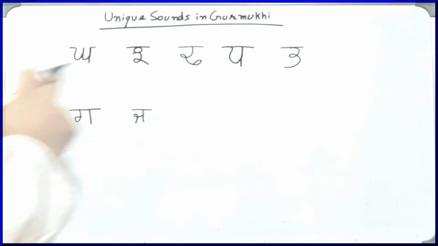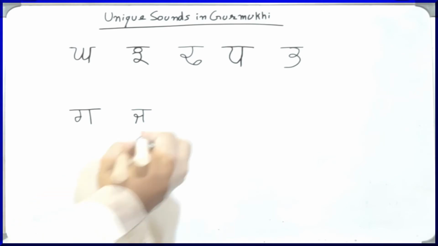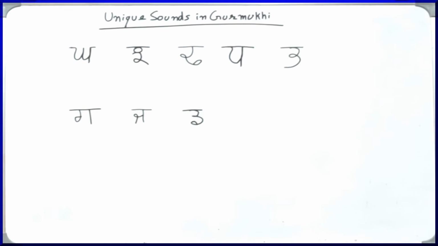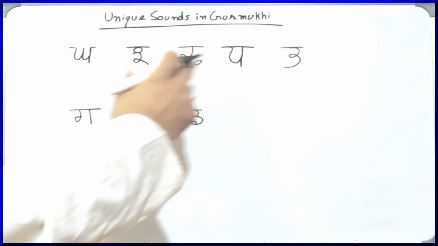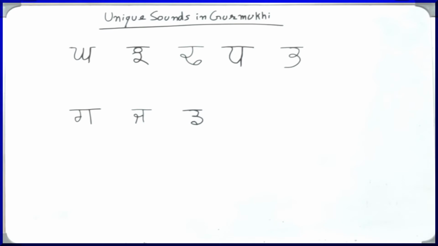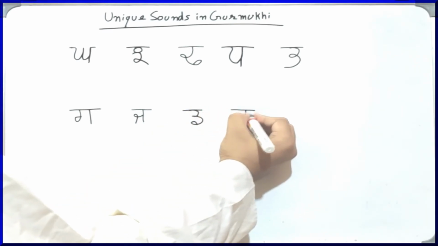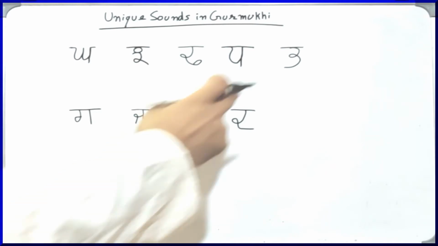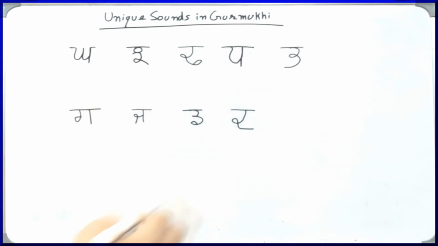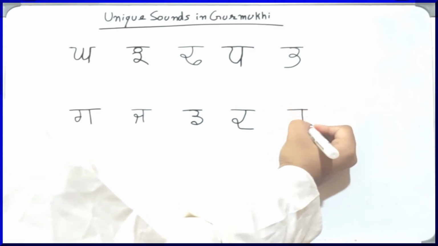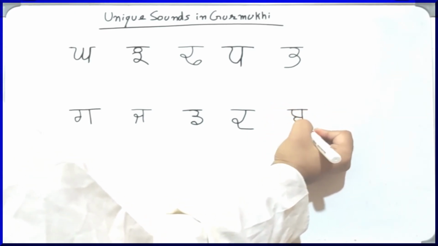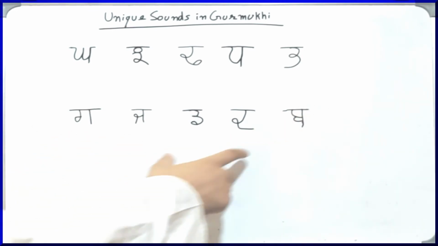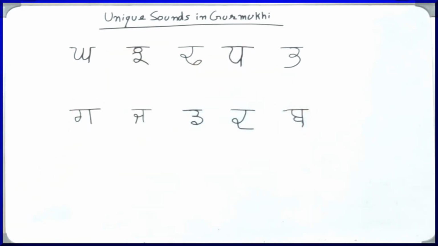Before Tadda, I will be having Dadda. Before Tadda, I will be having Dadda. And before Pabba, I will be having Babba. These are the letters which come before these letters.